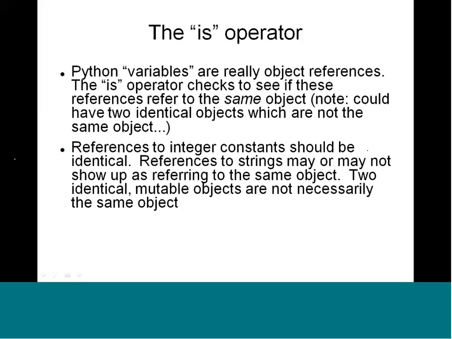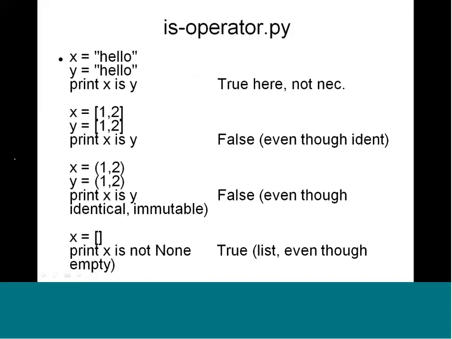So let's look at some examples of the is operator. Here we define two of them and then print x is y, then it is true here, but it's not necessary. For 1, 2, this one is false because it's a list.